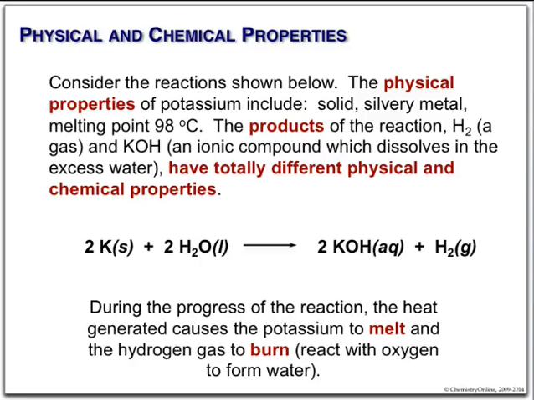We have 4 hydrogens, and over here we have 1, 2, 3, 4 hydrogens. Here we have 2 oxygens, and here we have 2 oxygens. So we have the same numbers and types of atoms on both sides.